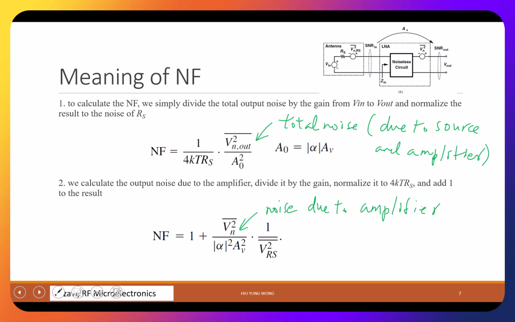Because now it's only talking about the ratio. Although you say, yeah, I make this smaller, looks like I have a worse NF, but actually really doesn't matter because this is really talking about how much more I add to it. You're still adding so much noise to it, absolutely, right? It's just that this becomes less meaningful. So what you want to optimize is the noise generated by it and the gain.